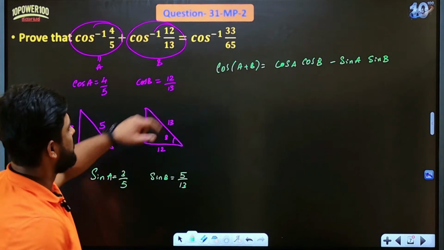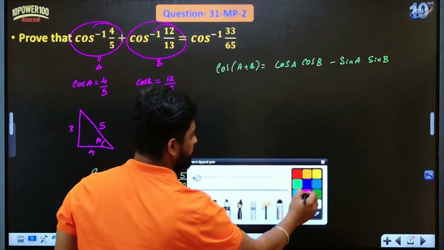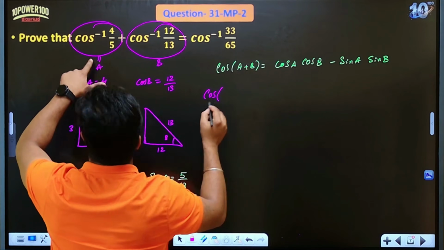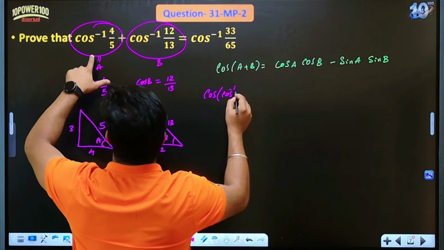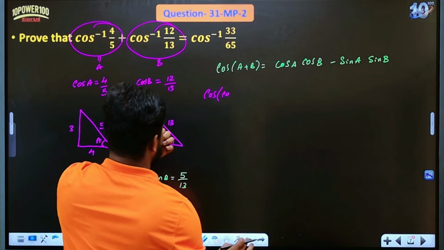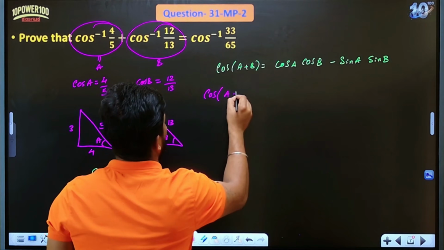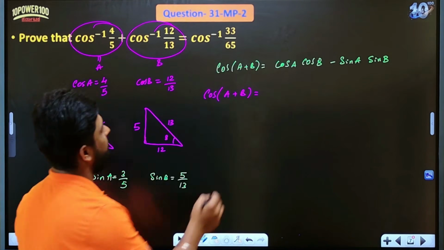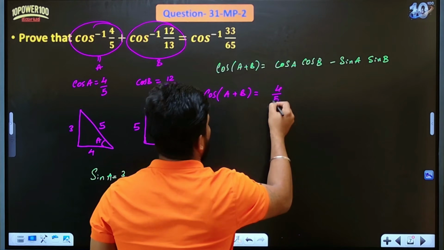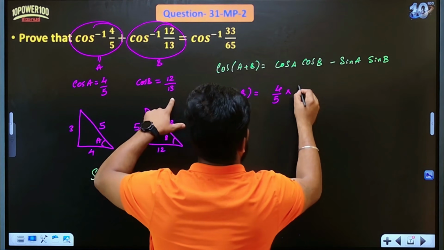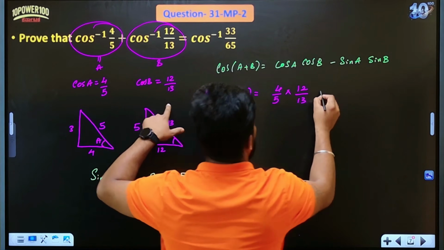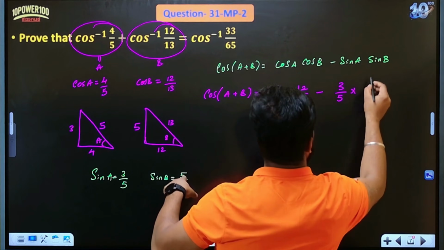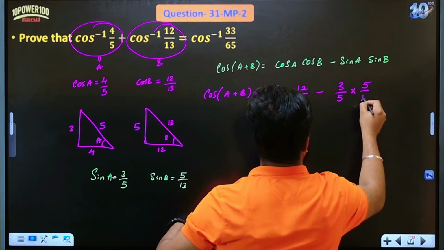Okay, now let's use this. So cos of a plus b is equal to cos a value, how much? 4/5. So 4/5 into cos b value 12/13, minus sin a value is 3/5 into sin b value, which is 5/13.